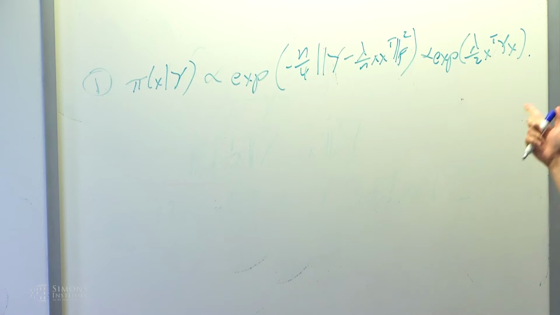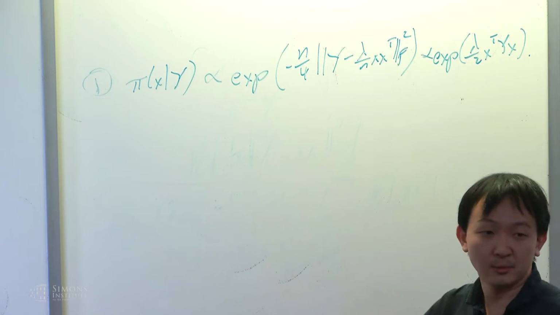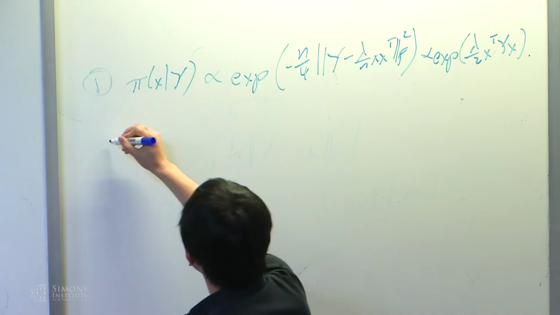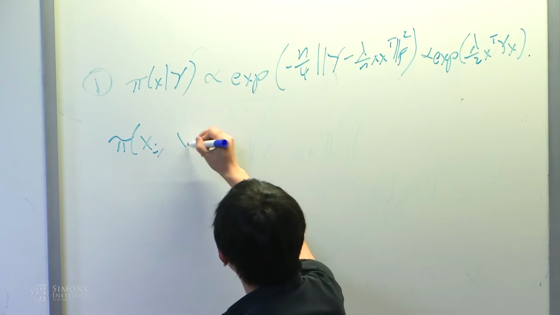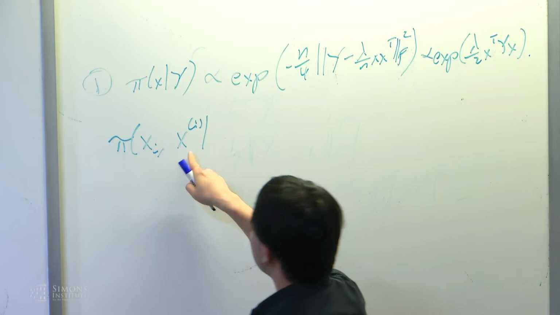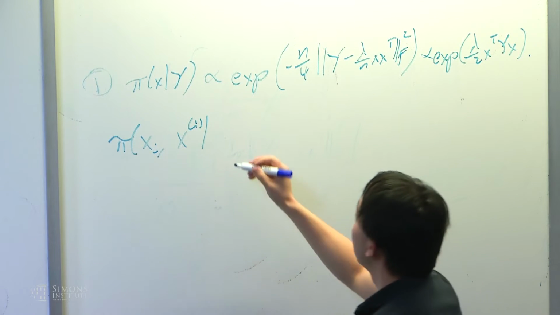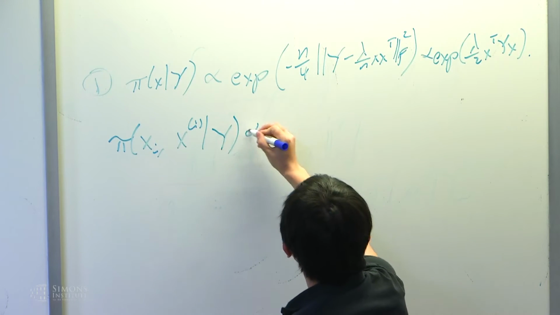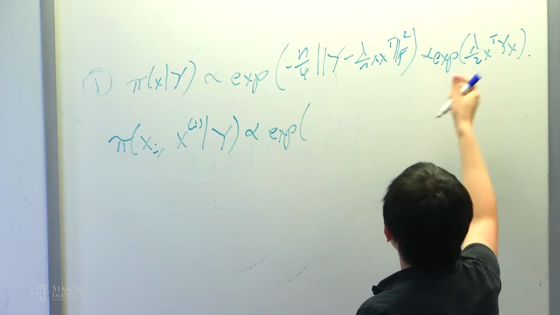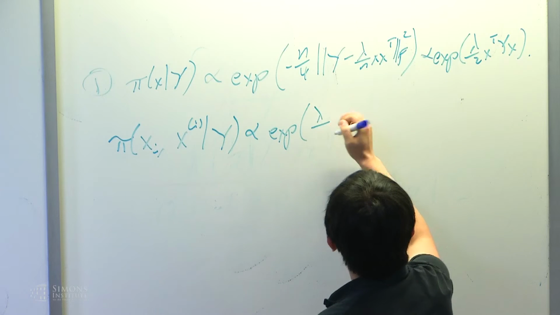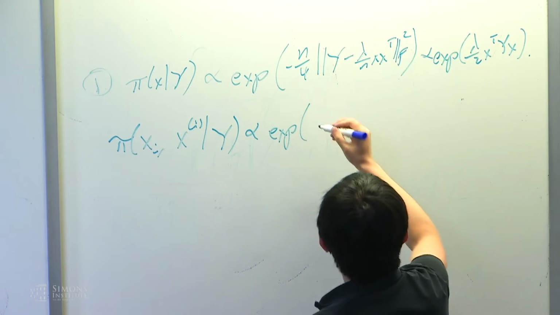What I want to do is to write this posterior distribution by singling out a particular coordinate of x. So let me write this as the distribution over xi, the ith coordinate, and then x super I will denote the vector of n minus 1 other coordinates. I can look at the part of this that depends on i.